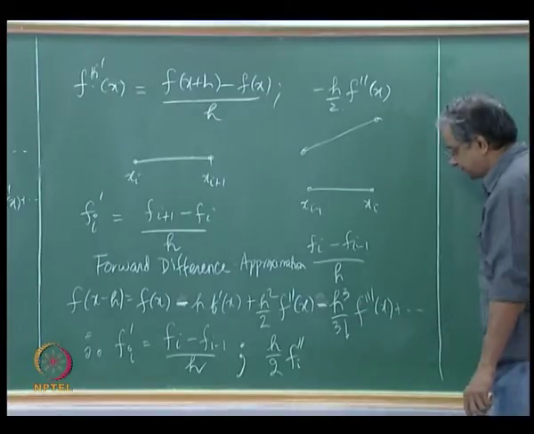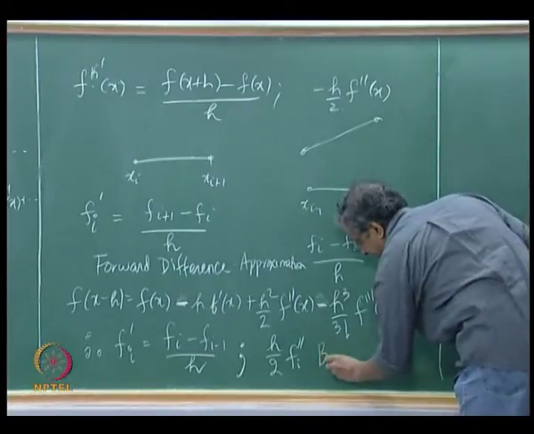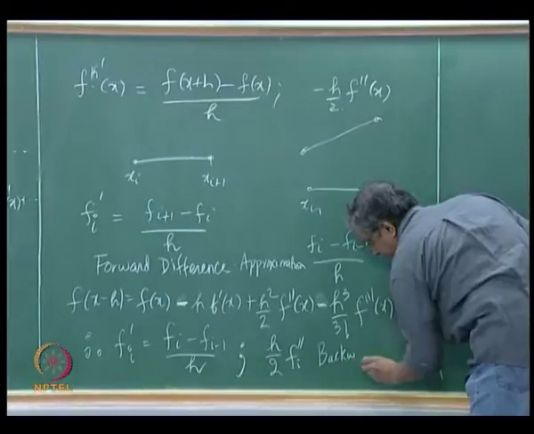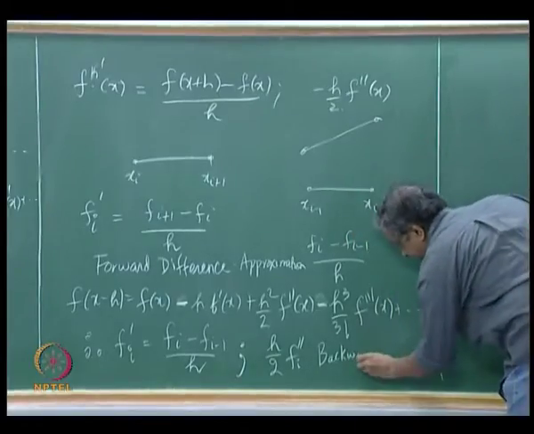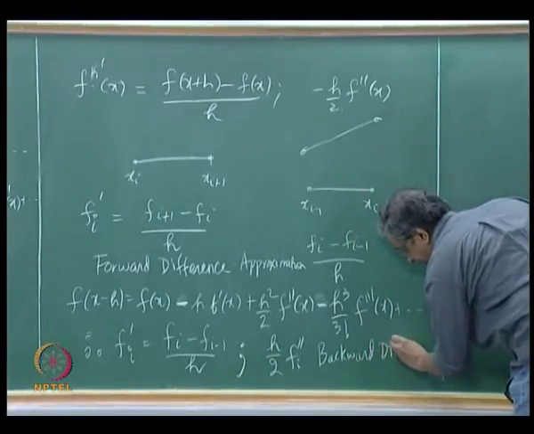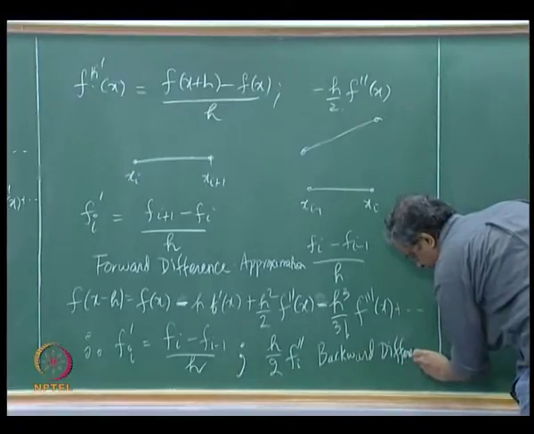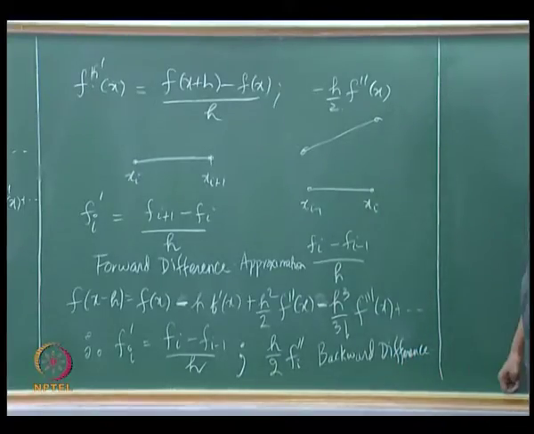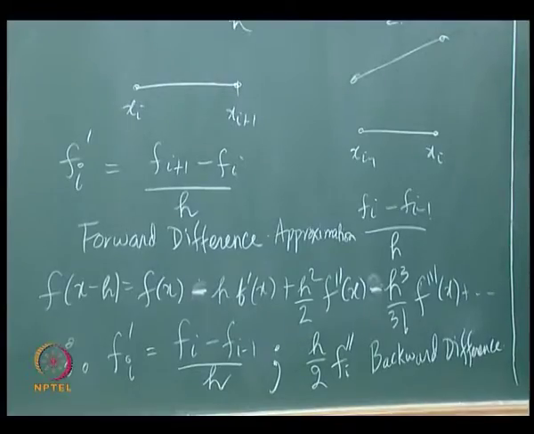This is called a backward difference. So that is a backward difference approximation. Okay, so we have a forward difference approximation, we have a backward difference approximation.